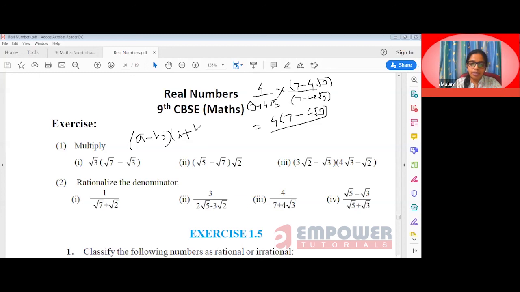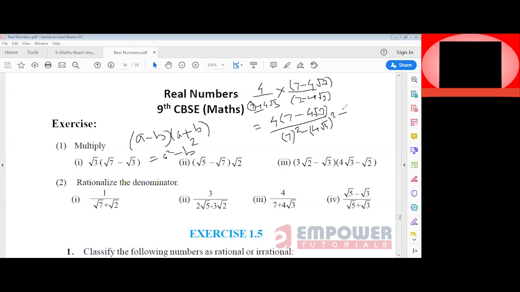So this is A square minus B square form. So you have to take the square of 7 and the square of 4 root 3, right? What will be the next step?